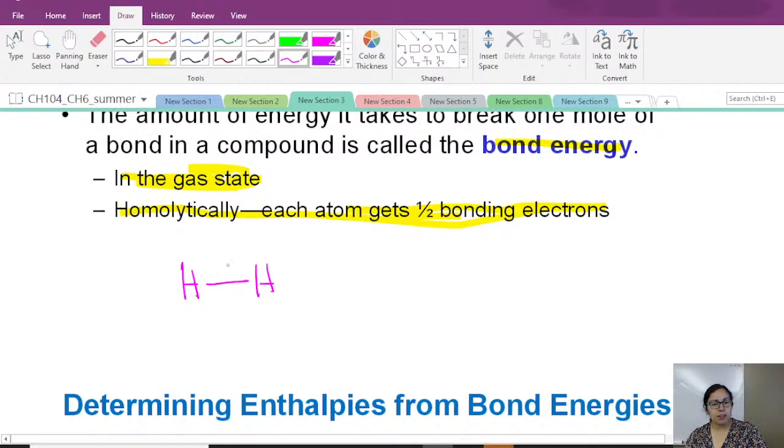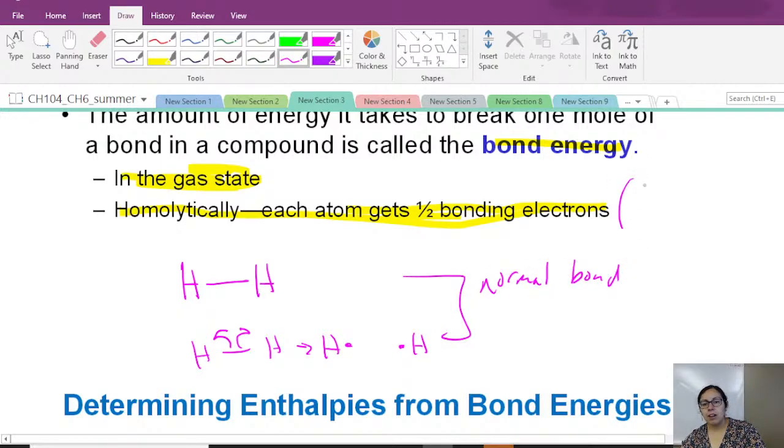So, right, we have 2 electrons here. And so if they break homolytically, we use these little half arrows to indicate 1 electron movement. And so it just breaks like that. So just a normal bond, versus heterolytic, which would be uneven, but not necessarily concerned about that right now.